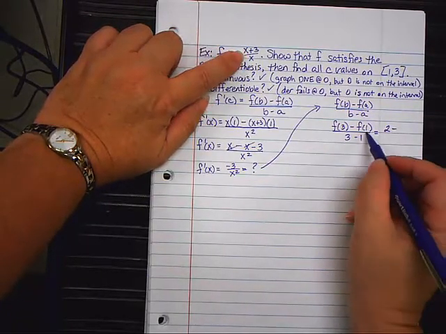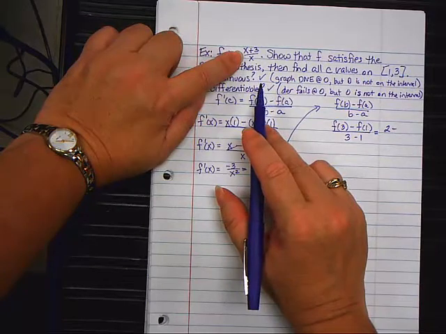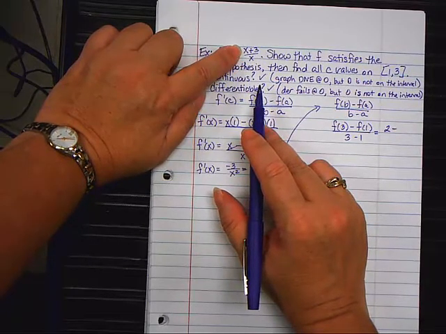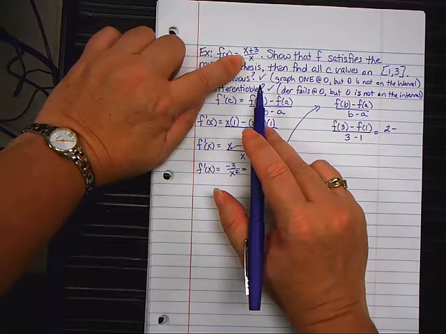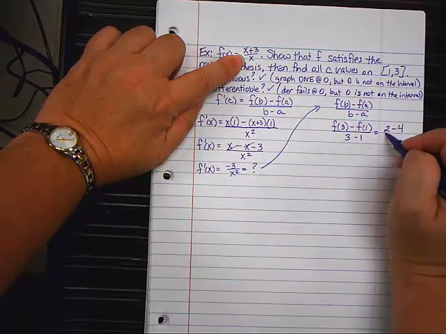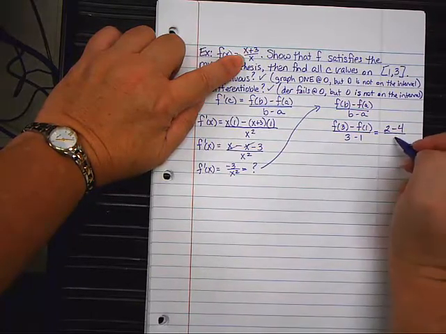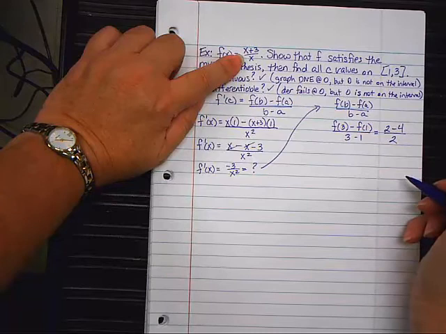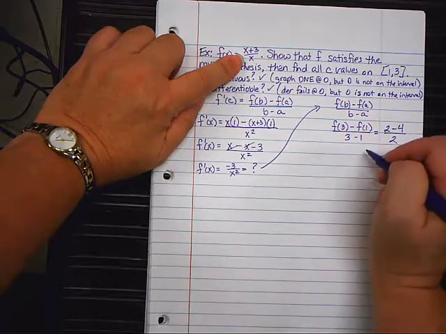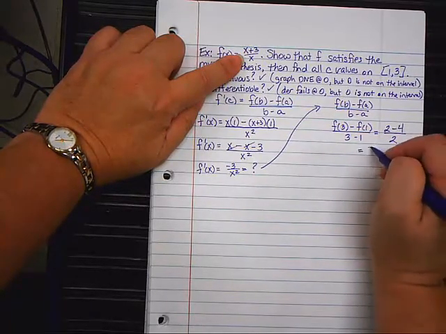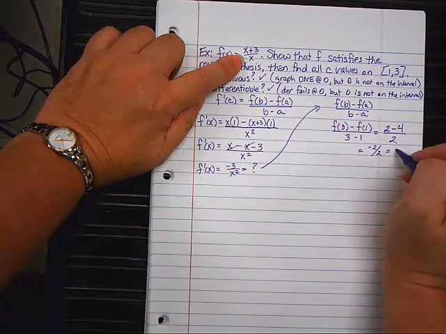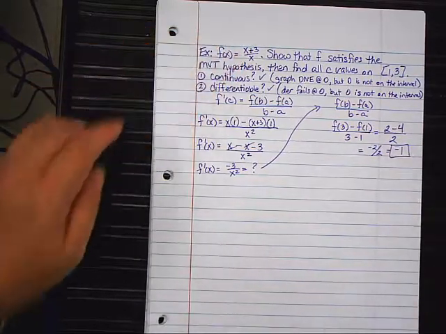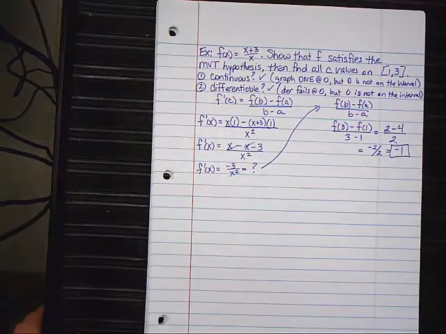Minus, plug in 1 to the original. 1 plus 3 is 4 over 1 is 4 over 2. Am I going too fast? No? 2 minus 4 is negative 2 divided by 2 equals negative 1. That's what I'm supposed to set it equal to.